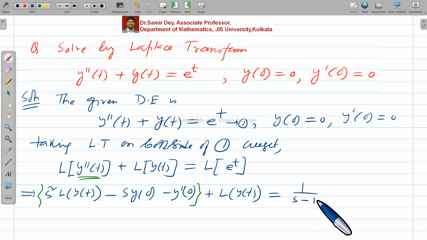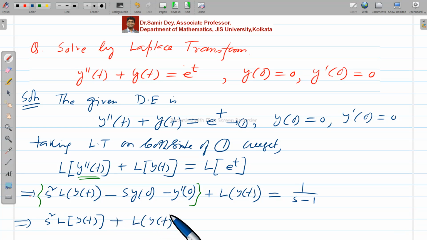Now listen carefully. So first step, this one. Now you substitute the given condition y0 is equal to 0, and ultimately it is coming s square L of y t plus L of y t is equal to 1 by s minus 1, using the given condition.